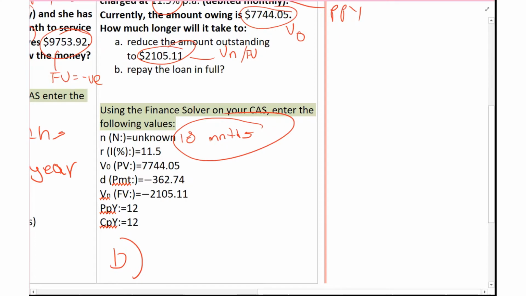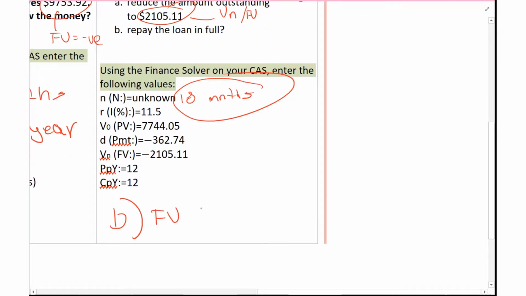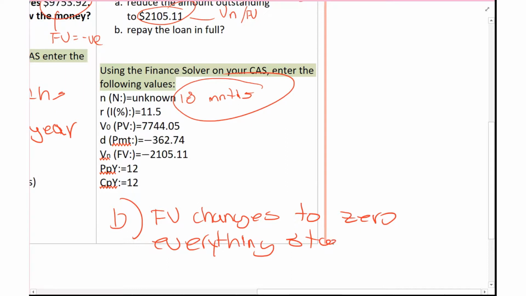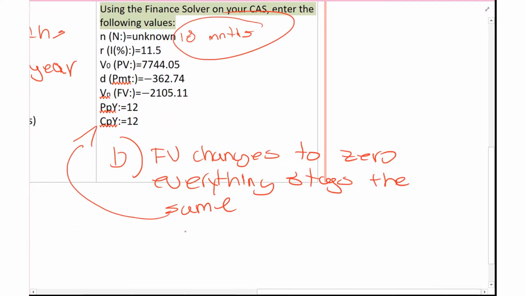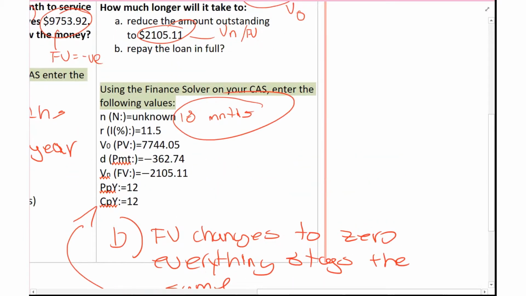You'll see that for B, FV changes to 0. Everything stays the same from here. And you get a value N equal to 24 months. So time is basically 2 years.